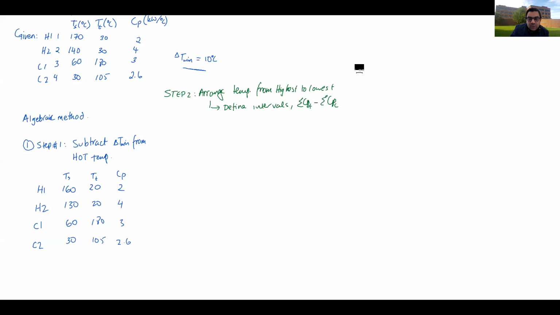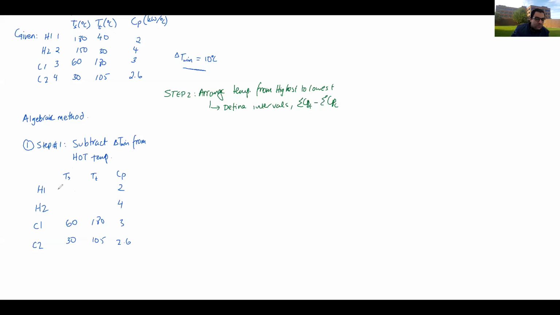Okay. So just be aware that the problem is actually 180 minus 40 and 150 minus 30. And then when I subtract the delta T minimum, I get the numbers shown on your slide, okay?